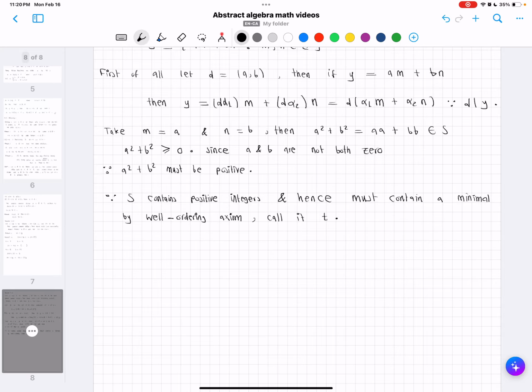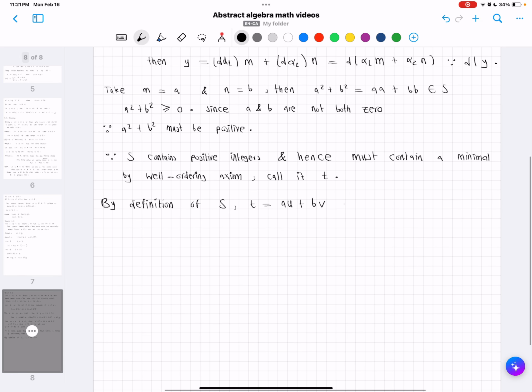By the definition of S, we have that T is equal to au plus bv for some integers u and v.